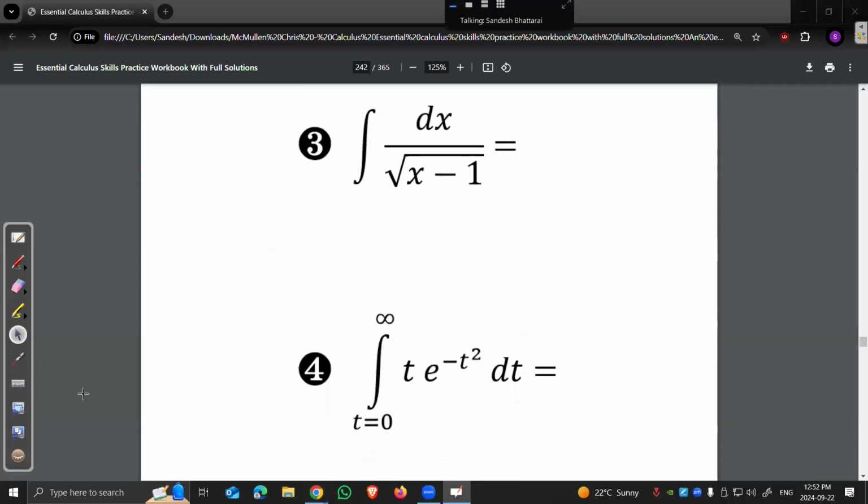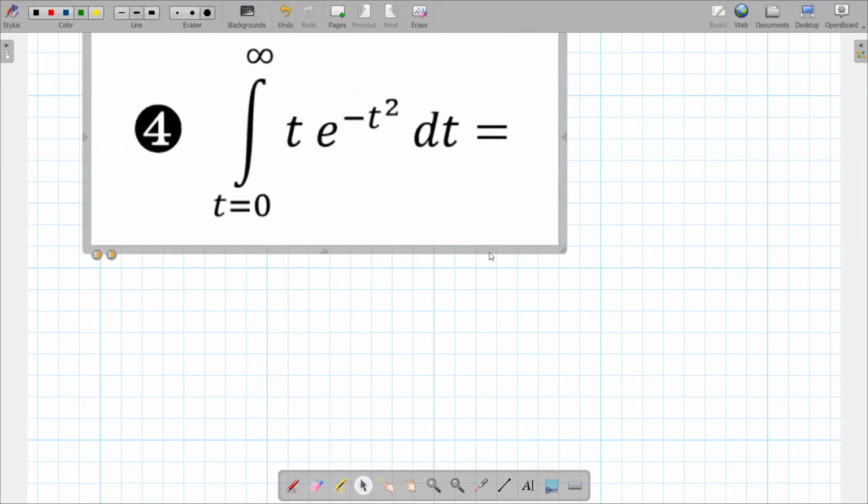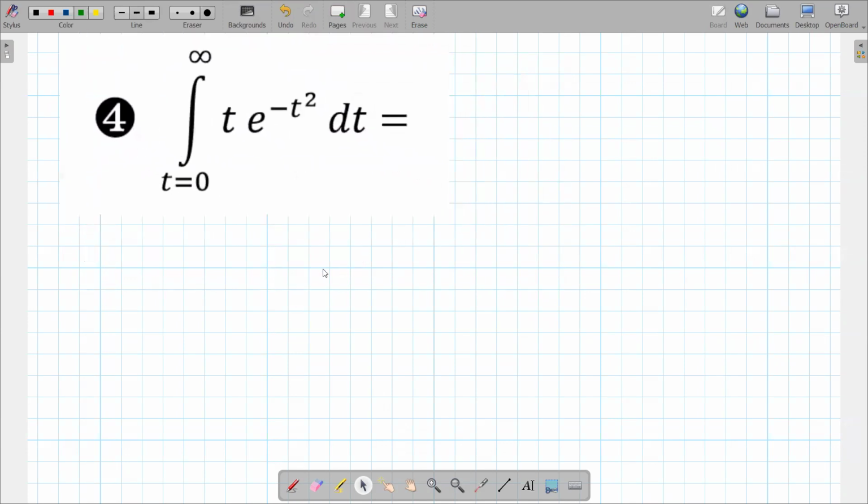Let's try this one. You'll see that there are 3 functions at play here. You have e power x, you have this linear function on the outside, you have the quadratic on the inside. Do we do a u substitution here?